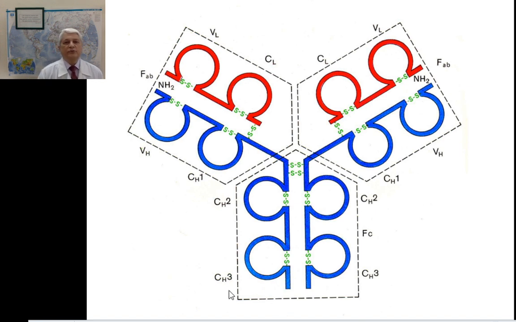On this drawing you can see that the beginnings of all polypeptide chains are situated at the beginning of variable domains. So this is the N end of the polypeptide chain, this is the C end of the heavy polypeptide chain. This is the same situation, and also in the light chain we have the N end here and the C end here. So antigen binding sites are formed by the N ends of polypeptide chains.